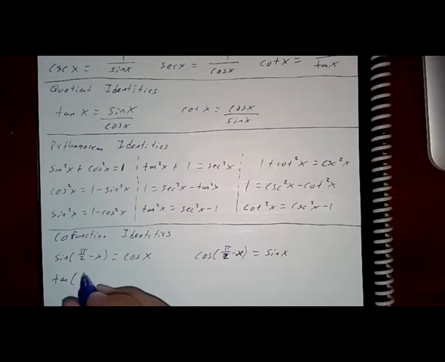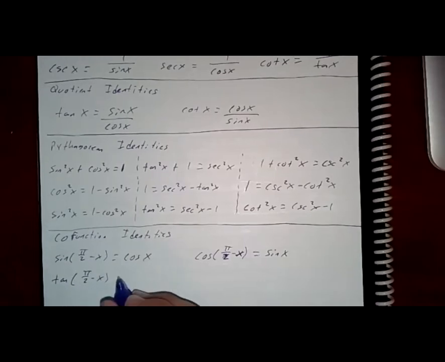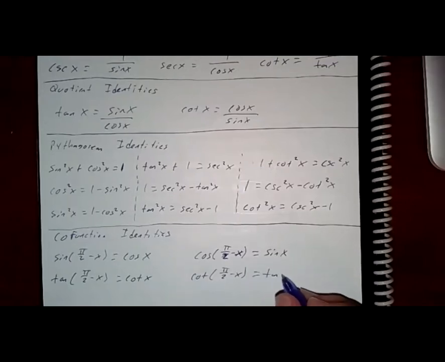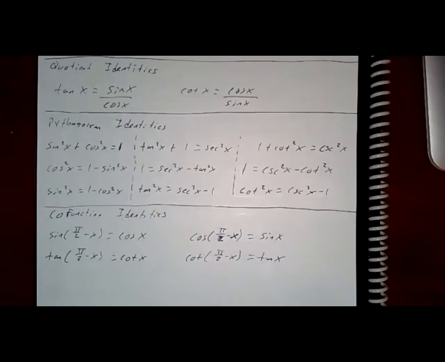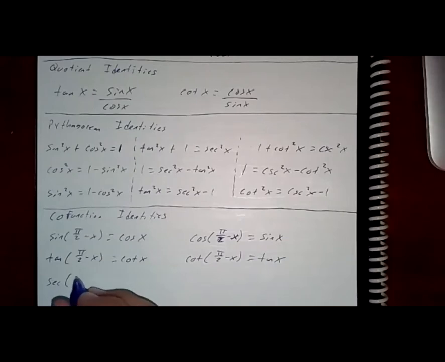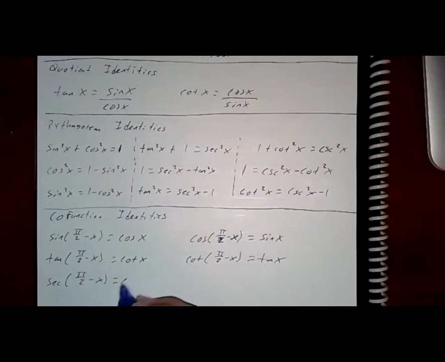Tangent of pi over 2 minus x is equal to cotan x. Cotan of pi over 2 minus x is equal to tangent x. So you can just do a simple horizontal shift to get the other function. Secant of pi over 2 minus x gives us cosecant. Cosecant of pi over 2 minus x gives us secant x.